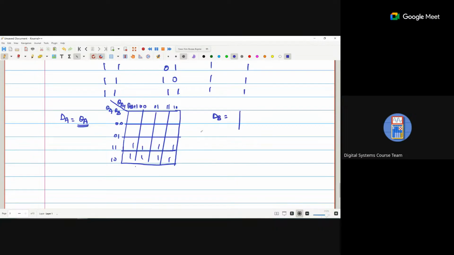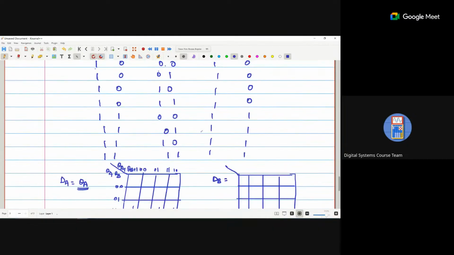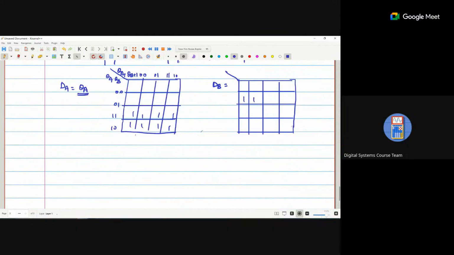And DB, now when DB is 1, we look at the cells 4, 5, 6, 7, 8, 9.